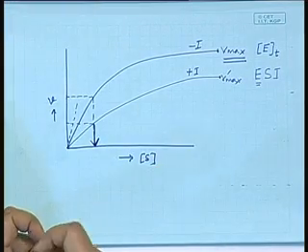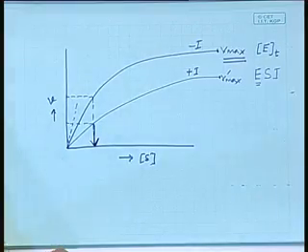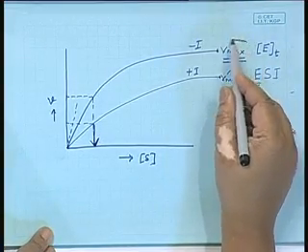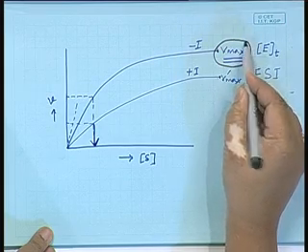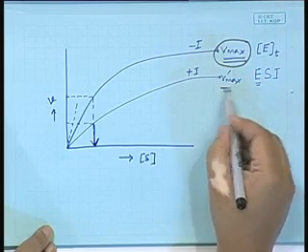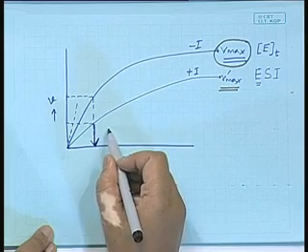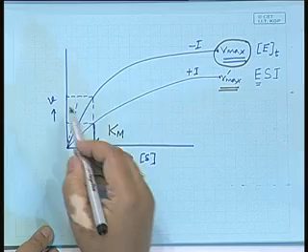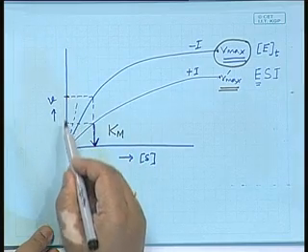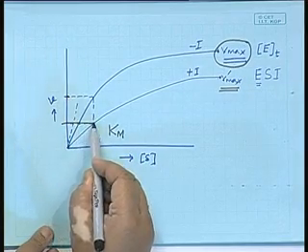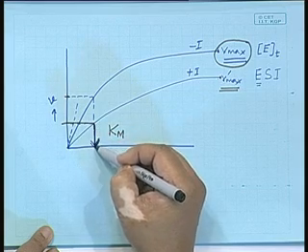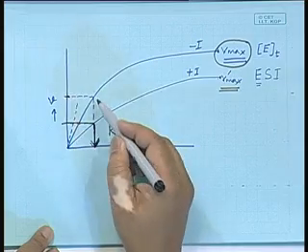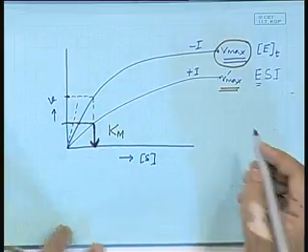So, what happens in this case is that the Vmax that could be attained for an uninhibited enzyme is not reached, but the Km value, which is what? Half of the Vmax and half of this Vmax. So, this is where we have the inhibitor, this is where we have no inhibitor. So, this is usually the same.